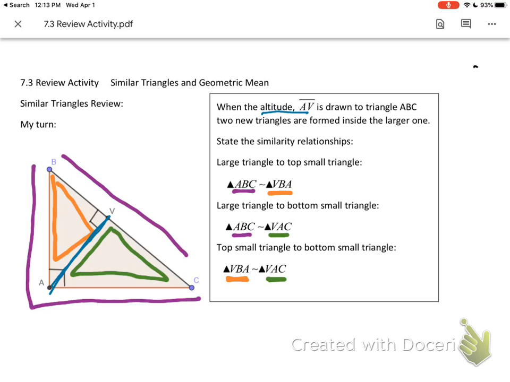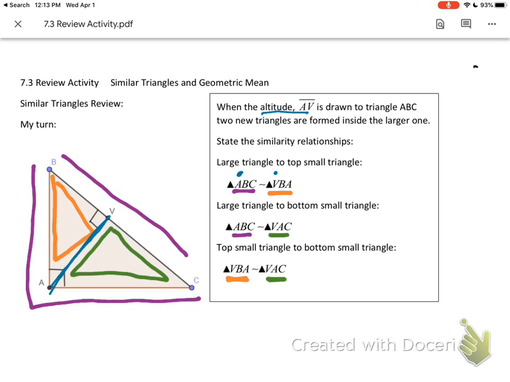So looking at the large triangle and naming that ABC, starting at the right angle, this was a right angle right here at A. Look at the orange triangle, the top small triangle. Start that name where you have the right angle. That's at V. So A and V have to be equal because they are both right angles.